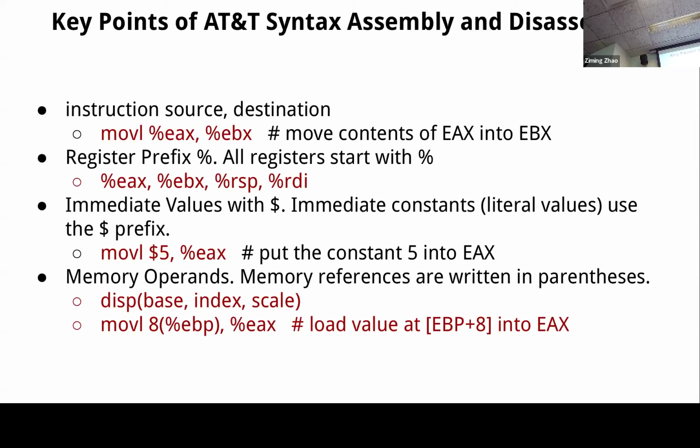So this is a positive offset 8, which means the memory address is EBP plus 8. We're going to load something from the main memory at the address EBP plus 8 to the register EAX. Moving something from memory to the register.